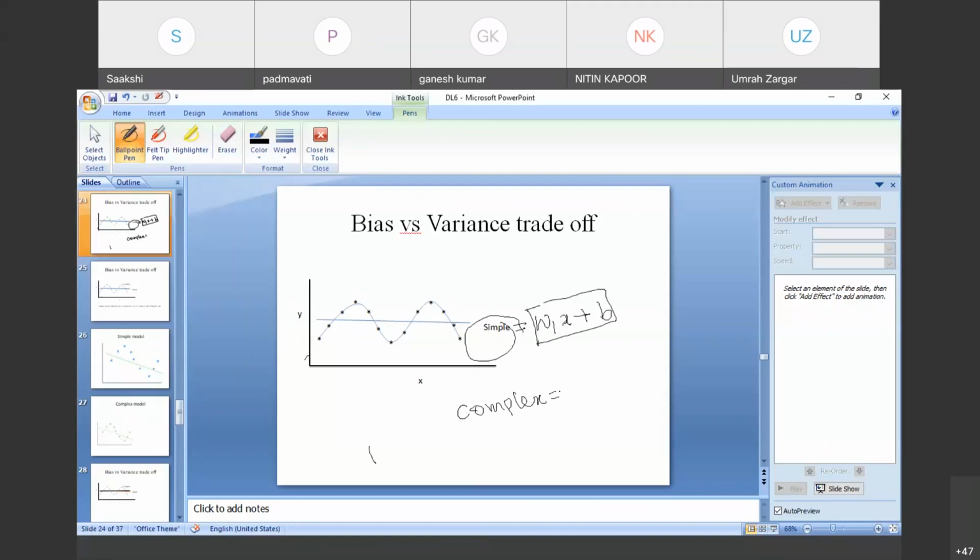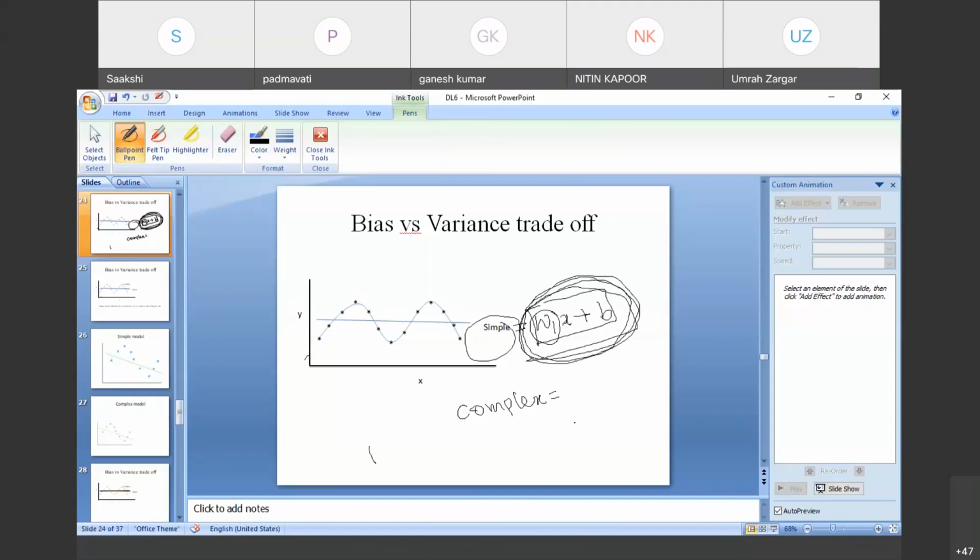We will see the pros and cons of building a simple model as well as a complex model. What is the simple model? I try to do the training based only on this simple formula, simple equation, and considering only one parameter, W1.